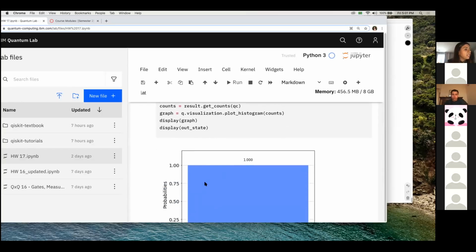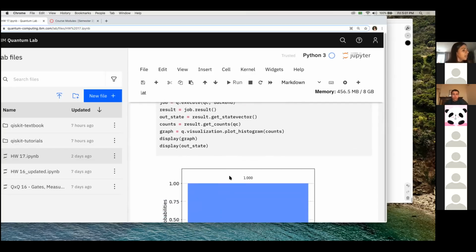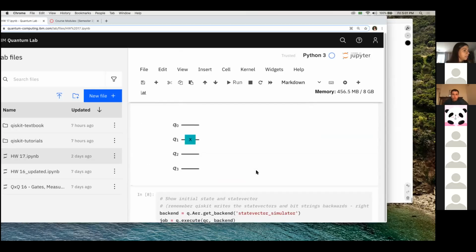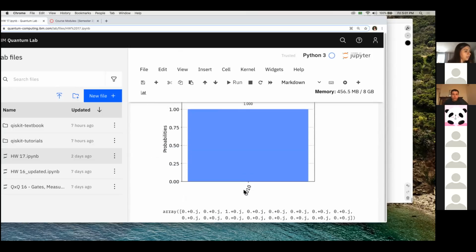We're just gonna run these commands in the state vector simulator just to check if our state is correct. And it is correct, it's the state 0010, representing this circuit here. Qubit 3 is 0, qubit 2 is 0, qubit 1 is 1, qubit 0 is 0.